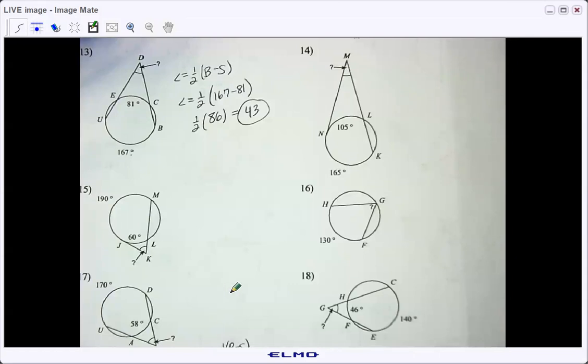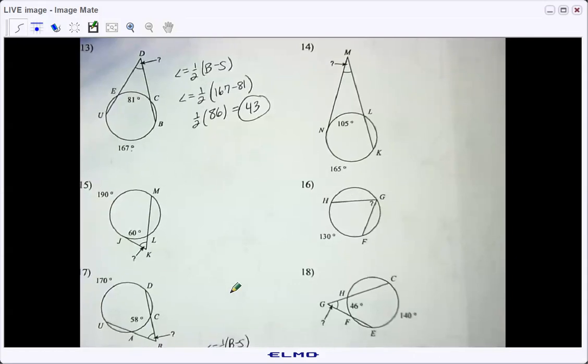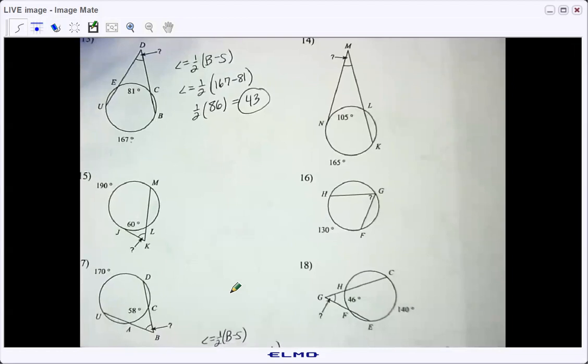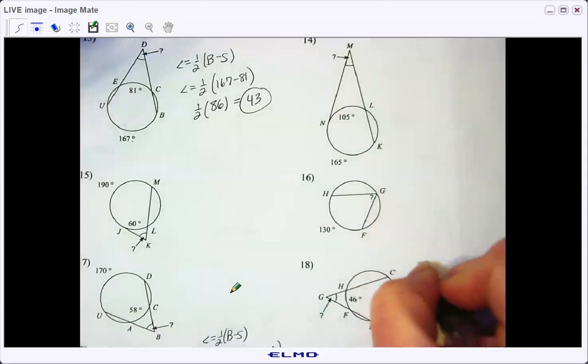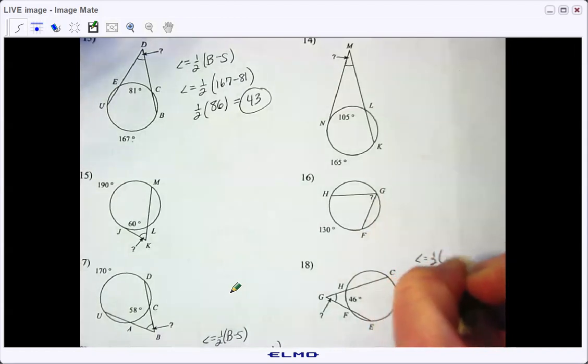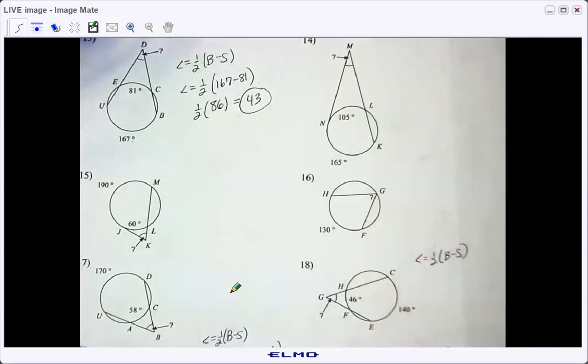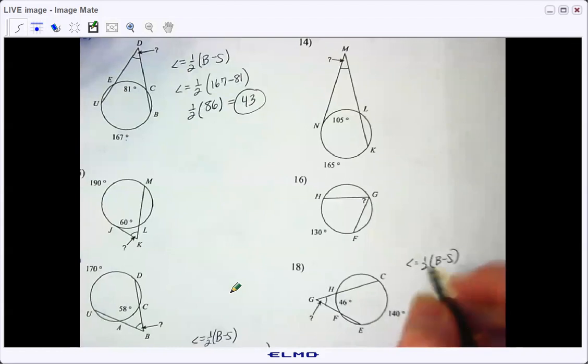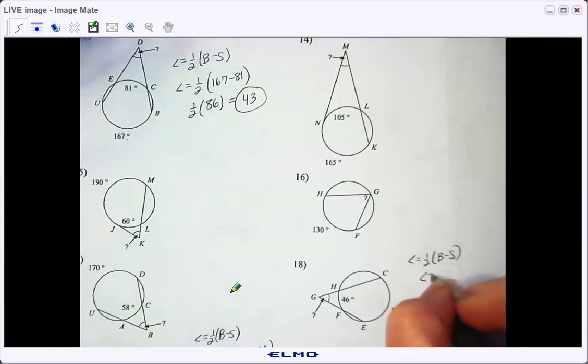So number 18, 1/2 the big arc minus the small arc. The bigger number usually is pretty obvious.